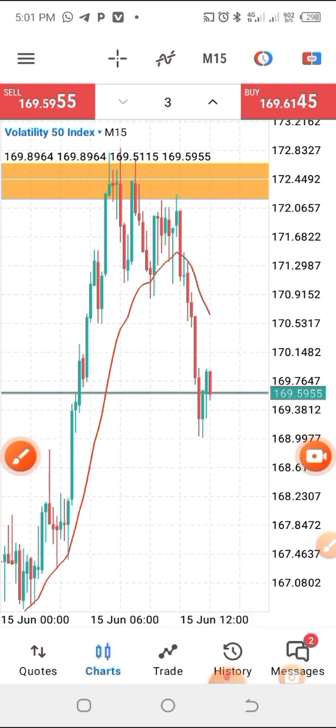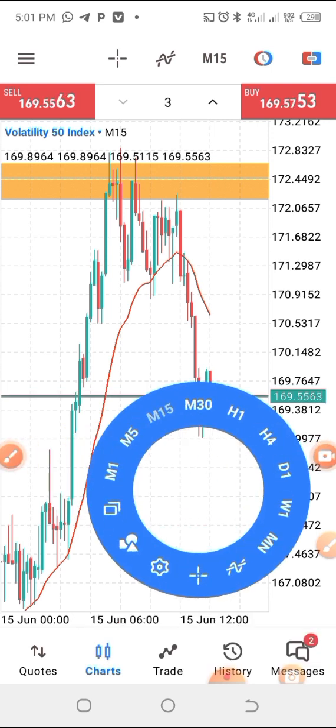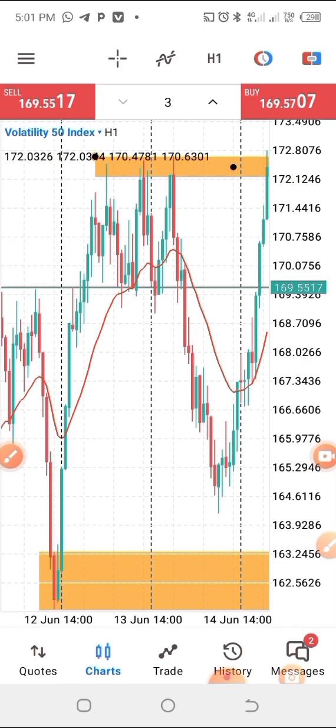Okay, that's it. And if I can continue, maybe let me go to 1 hour and I continue showing you more examples about the doji candle, how it works.